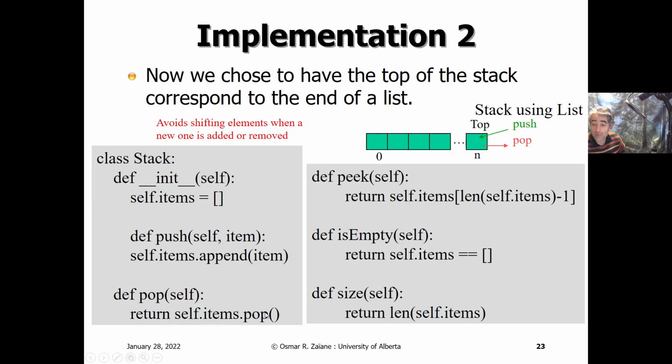Notice that this pop that I'm invoking with items is the pop for the lists, while this pop that I'm trying to define is the pop for stacks. These are the same kind of names for two methods, one belonging to the lists that is already built in Python, and the other one belongs to the stacks that I am defining right now.